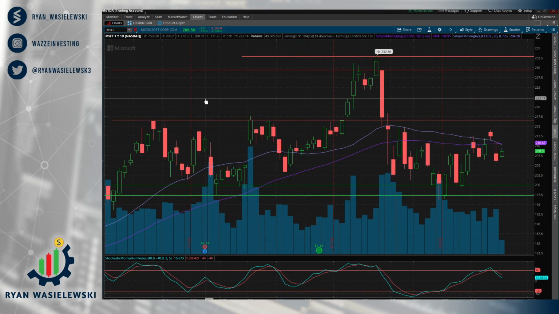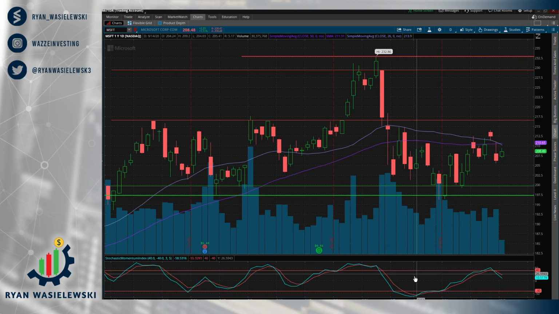Still taking a look at Microsoft's one-day chart, we can see the last 2.5 to 3 months of price action. This will give us a clear picture of what's actually going on with the stock price. As you can see, the long-term moving averages are slowly converging to the stock price. However, they are above the current price. This means that the moving average lines will act as a resistance for the stock.